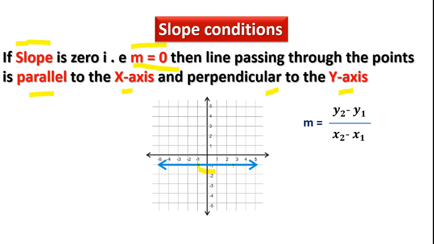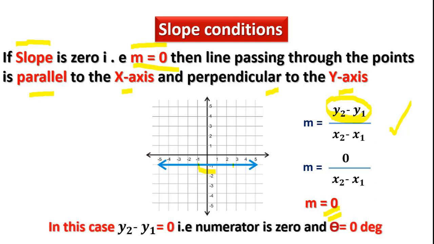Once take the formula, m equal to y2 minus y1 by x2 minus x1. Here y2 minus y1 is 0. That is m equal to 0. Then only this condition is 0. And in this case y2 minus y1 is 0 and the angle made by the line is 0.